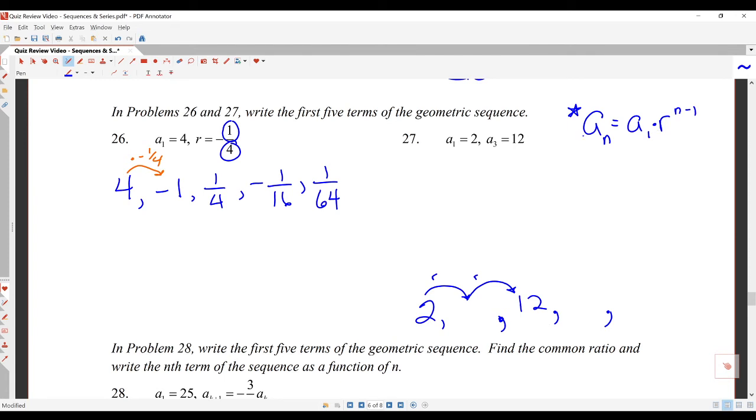So if I plug in 1 here, a_1 is the first term, so that's 2 equals a_1 times r to the 1 minus 1, which is 0. Plug in 3 and 12. a_3 is 12 equals a_1 times r to the 3 minus 1, which is 2.